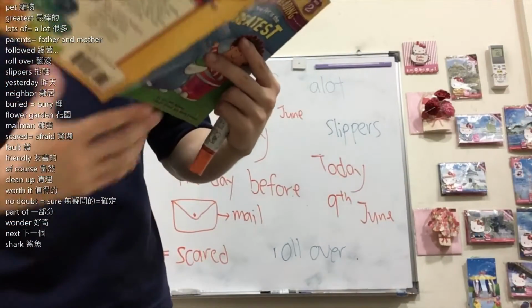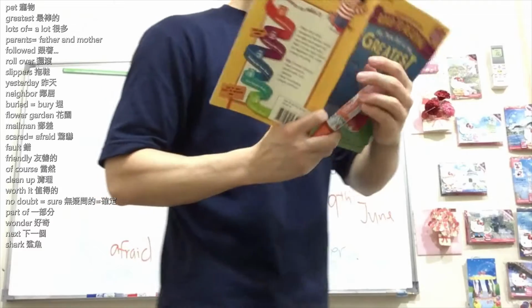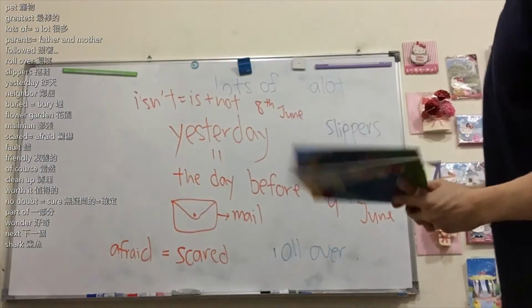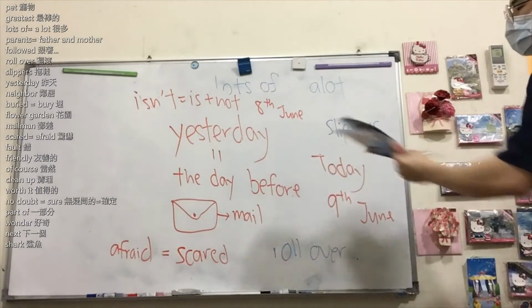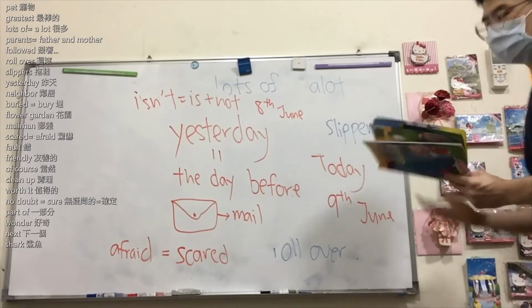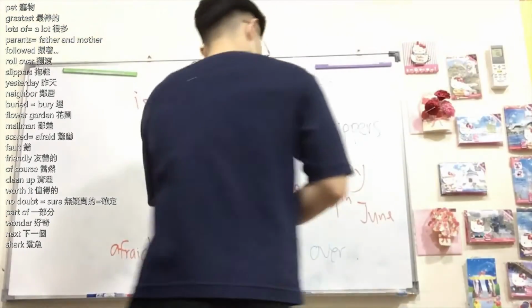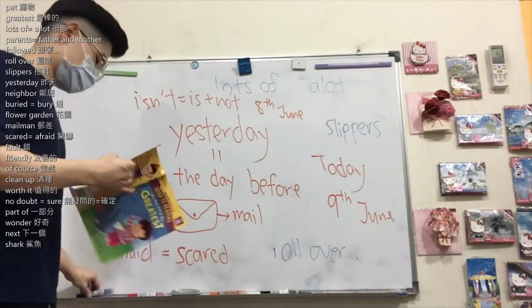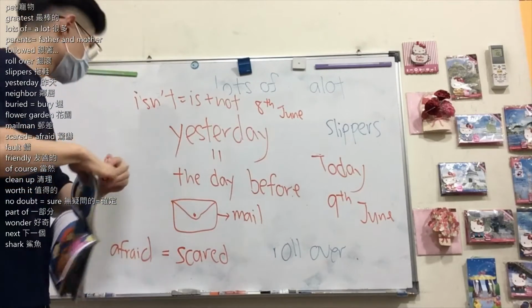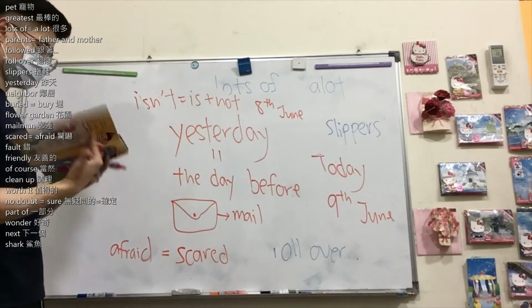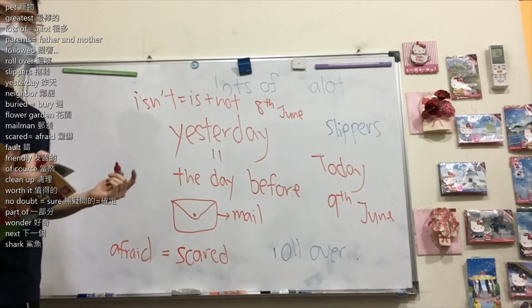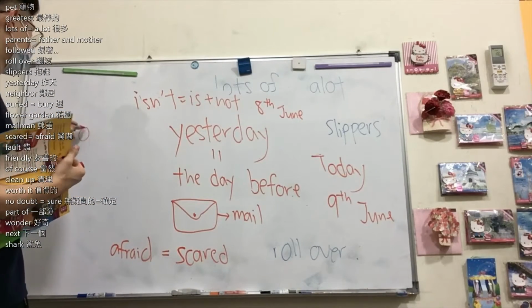Alright, so there are some words here that I'll need to explain to you. Let me erase the board and write it here. Let me show you the phrase first: no doubt.